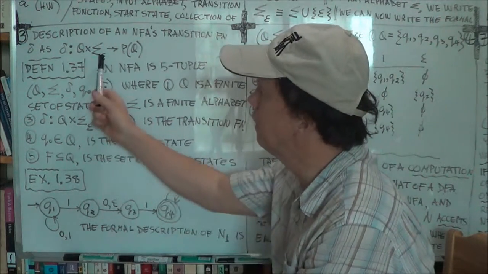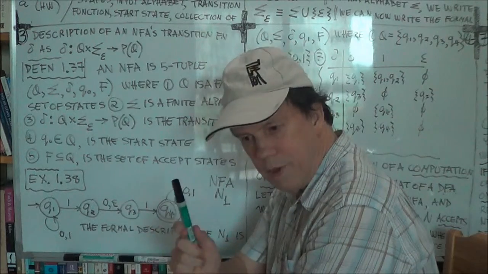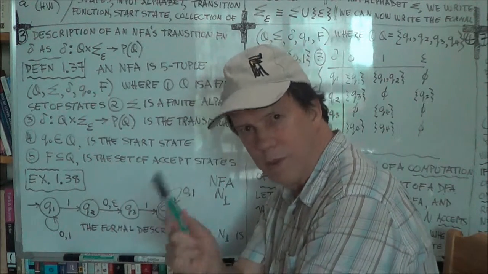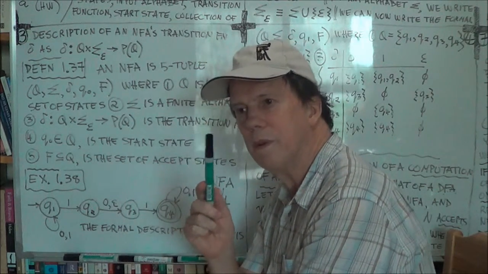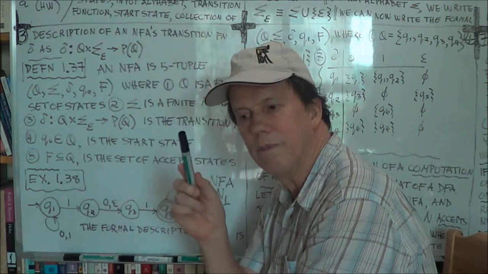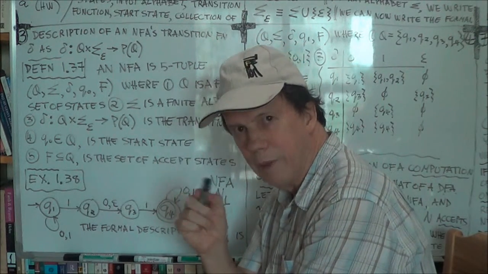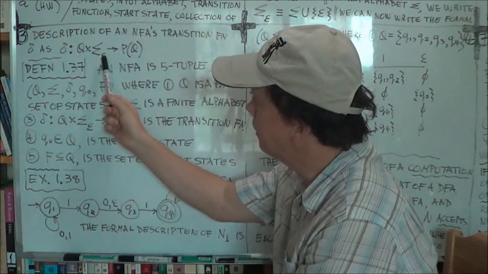Okay, so it's either an input symbol in the input string. Yeah, it's one of the symbols in the input string. In other words, it's a member of capital sigma, or it's the eta.